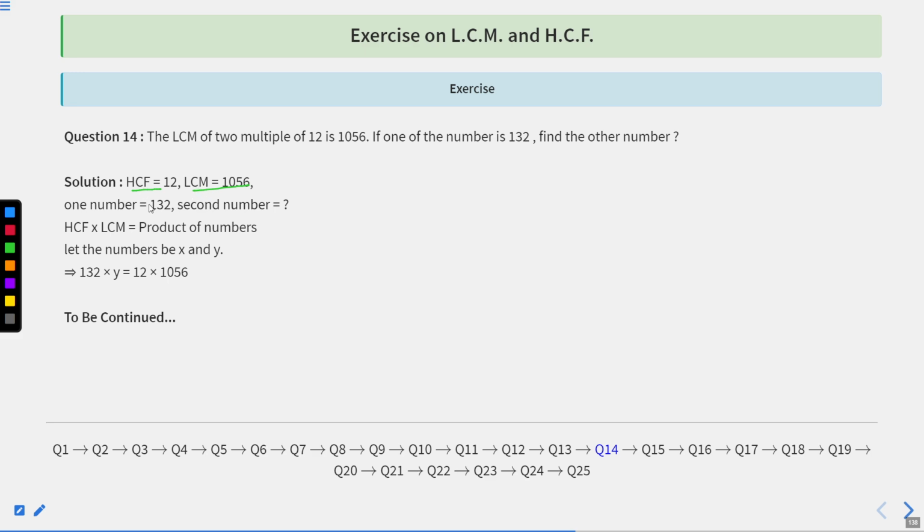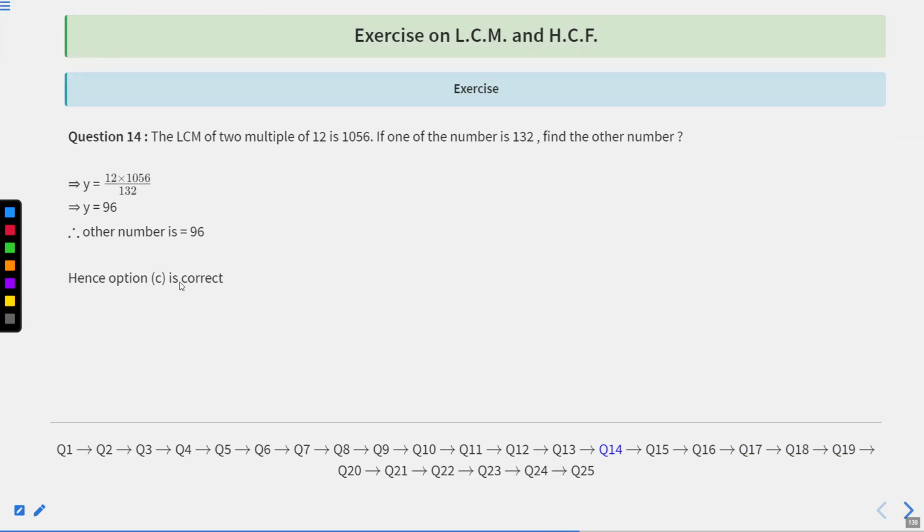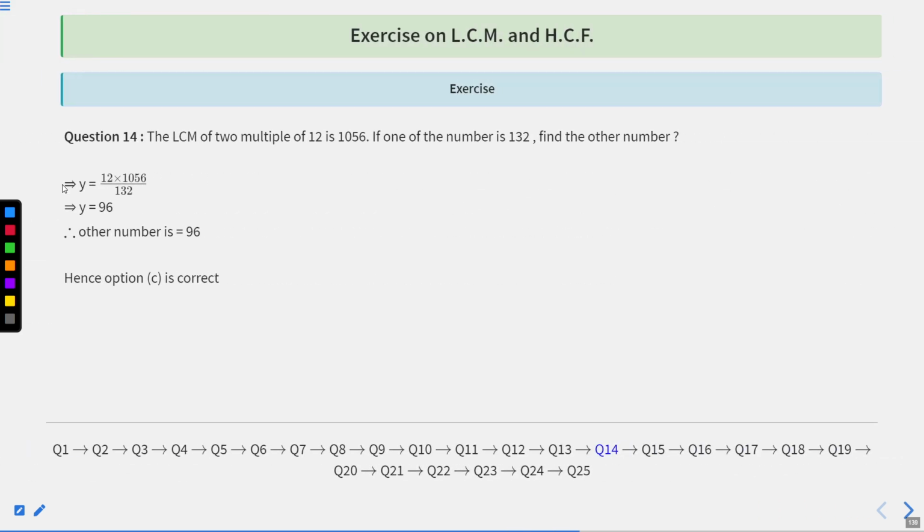One of the numbers is 132, and we are interested in the second number. LCM into HCF is equal to the product of the numbers. Let the numbers be X and Y. So it is going to be 132 into Y equal to 12 into 1056. Y can be easily obtained by solving it, and you will get Y equal to 96. So the correct option here will be option number C.